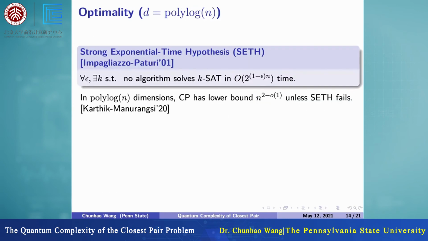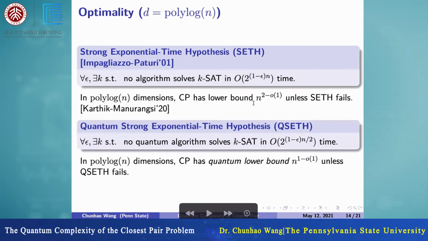Let me talk about the lower bound and optimality when the dimension is higher. Recall that the classical lower bound relies on SETH. Karthik and Manurangsi showed that if you believe SETH, then closest pair has a near-quadratic lower bound.